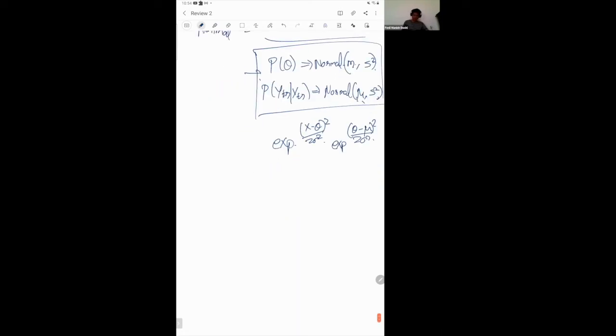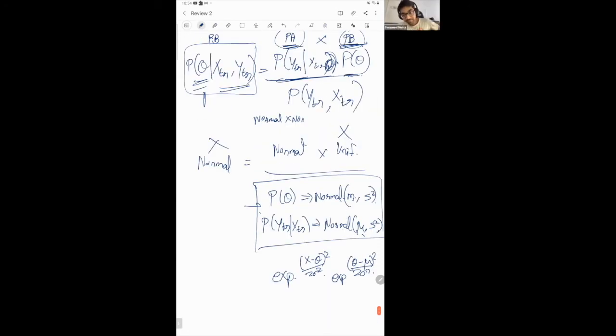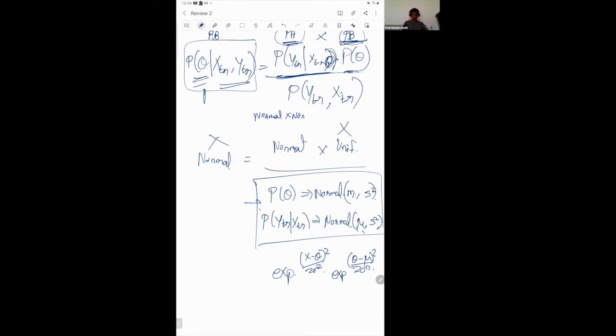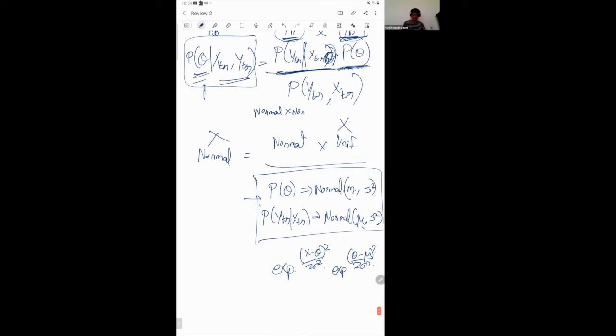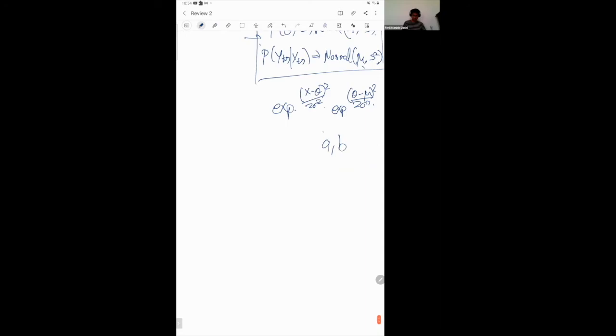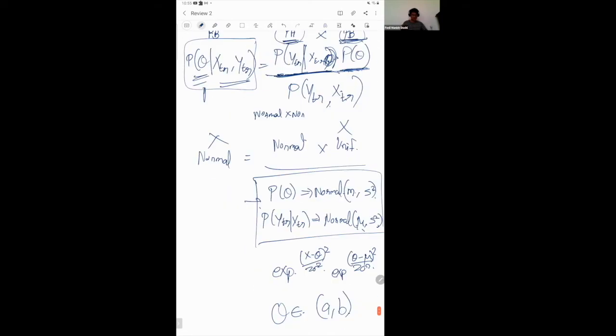What we are doing here is this first distribution is a normal where theta is itself the parameter, because it's y train given x train comma theta, and the second distribution has some parameters a comma b over your parameters theta. I hope you are getting this: in the first distribution theta is a parameter, and in the second distribution there is some distribution over the parameter which has some additional parameters.